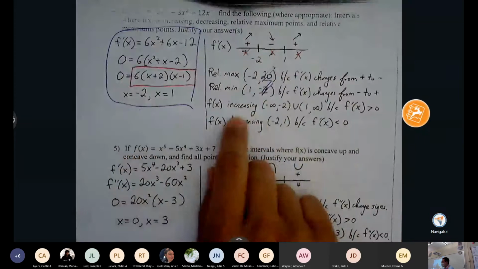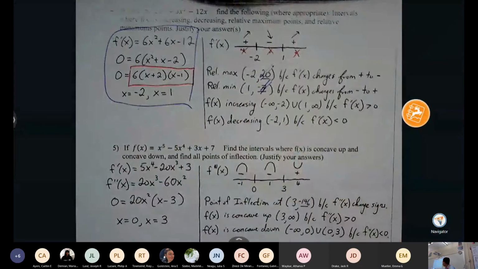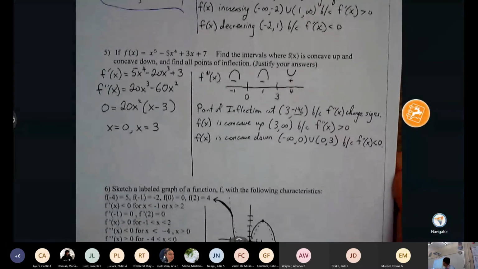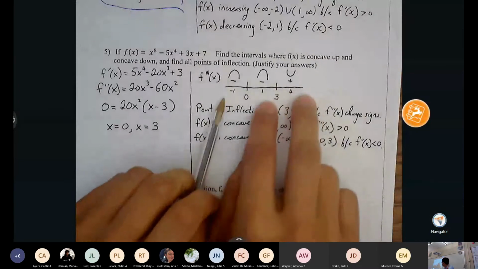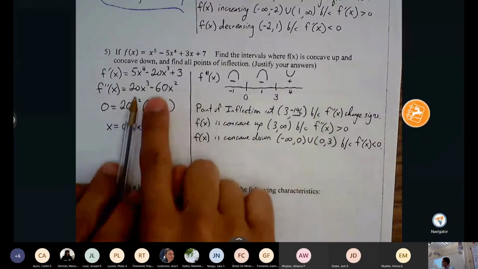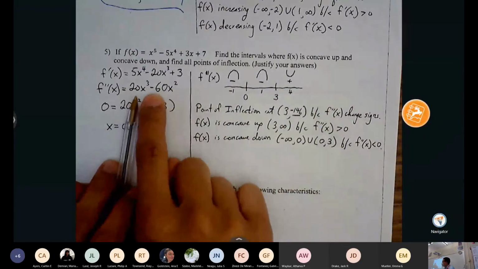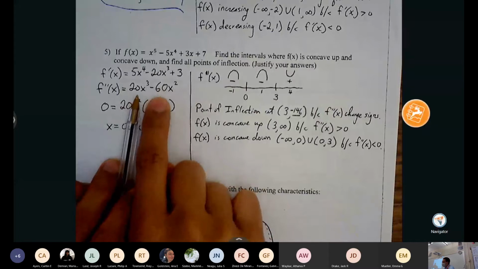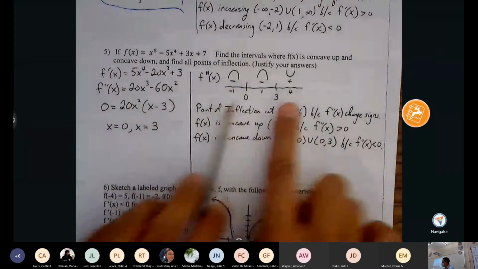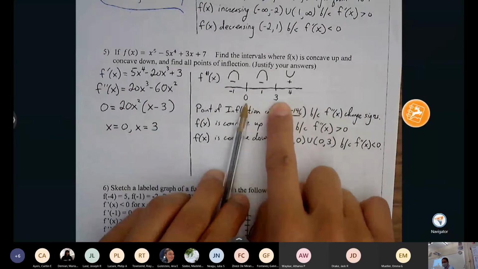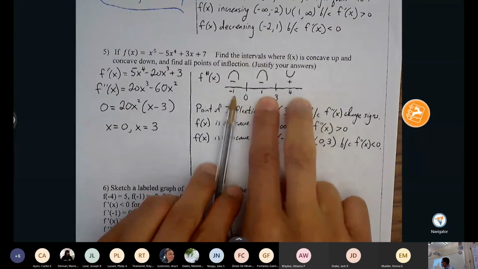Does it work as well for the concave? That's right. For the second derivative function, if I want to find concave up, concave down, I make my way to the second derivative function, set that equal to 0, find those critical points, place them onto my concavity sign line, and choose values in each interval.